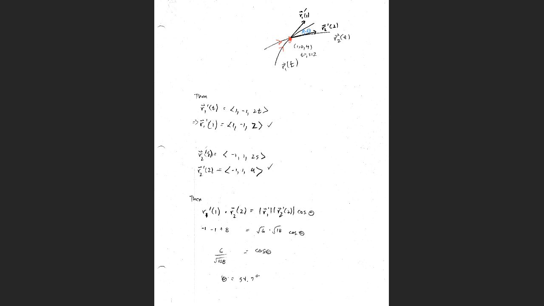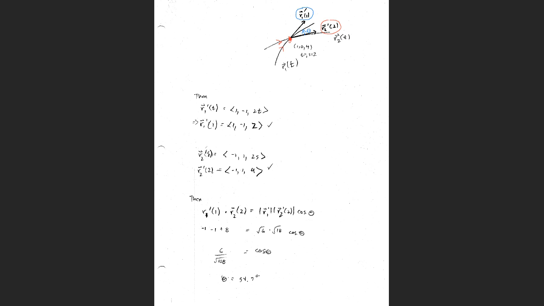The dot product. That's right, Christopher. And the dot product involved vectors. So what would be wrong with finding the tangent vector for the first space curve at t equals 1, and then finding the tangent vector for the second space curve for s equals 2?